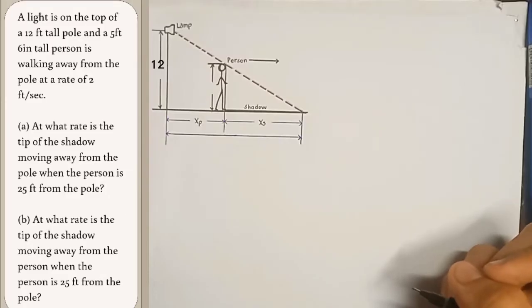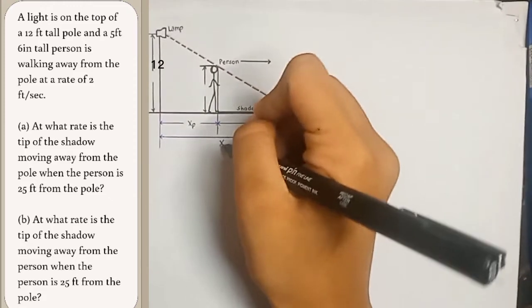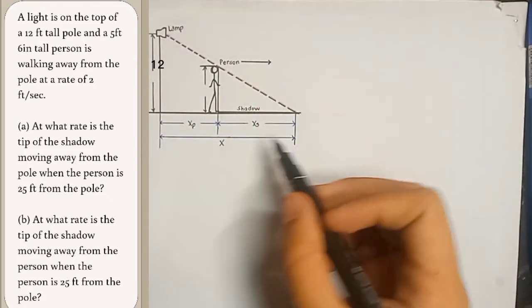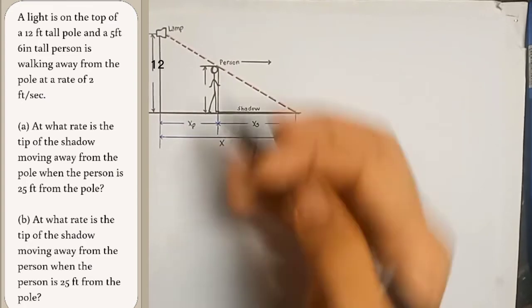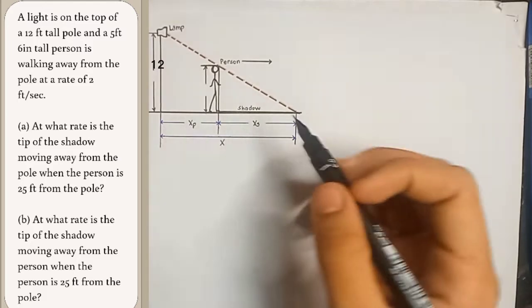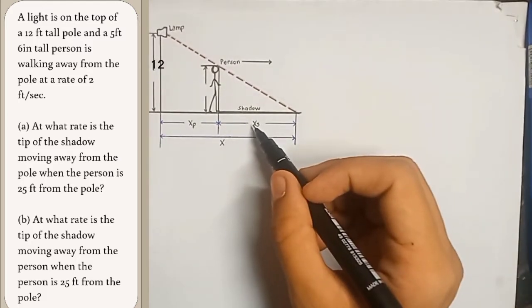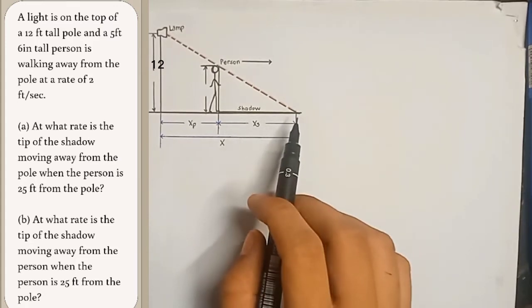So let's start off with putting all the relevant quantities into the sketch. Here, x is the distance of the tip of the shadow from the pole. x sub p is the distance of the person from the pole. x sub s is the length of the shadow.